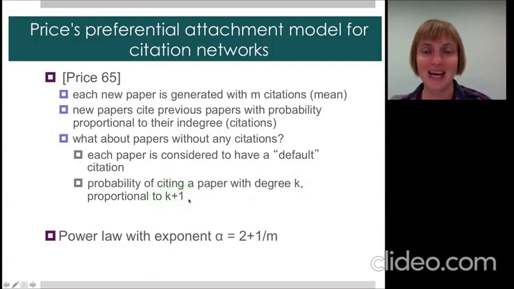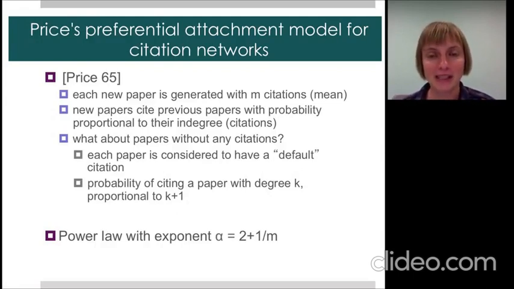And that is that if a node has degree 0, it would mean that in proportion it would never get cited. Of course, this isn't the case. Papers all start with 0 citations and then eventually accumulate them. This kind of process will give you a power law exponent alpha of 2 plus 1 over m. And this tends to be in good agreement with many of the observed empirical distributions.